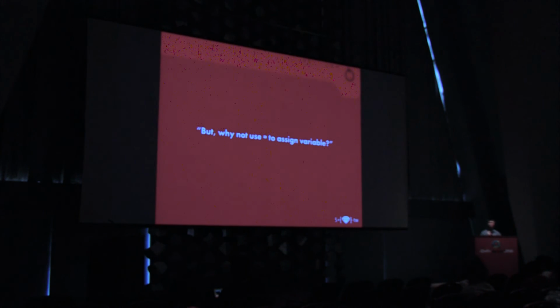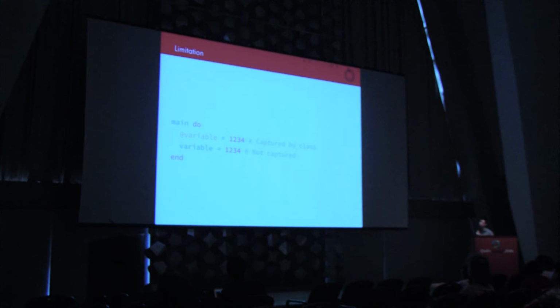And you may think, why do I not use the equal sign to assign a variable? Okay, you can see this code. When I use the DSL, the first line will be captured by the class because Ruby thinks it is an instance variable, but the second line, Ruby thinks it is a local variable.